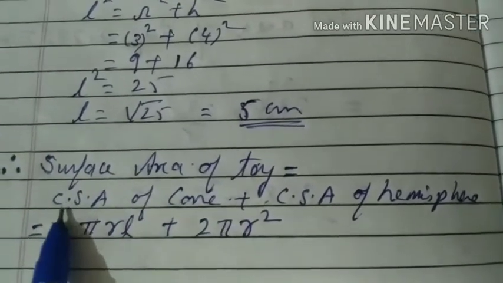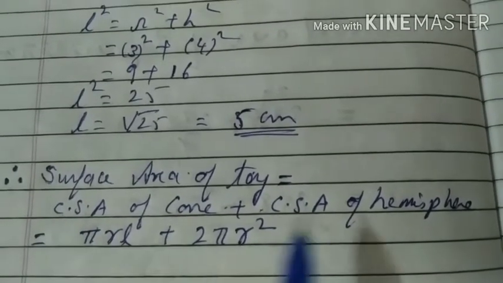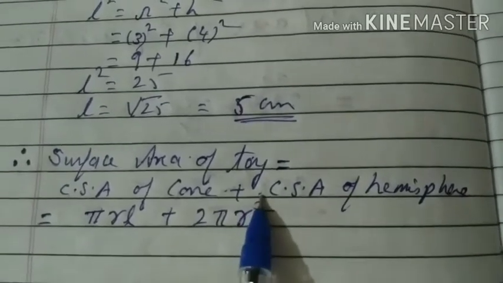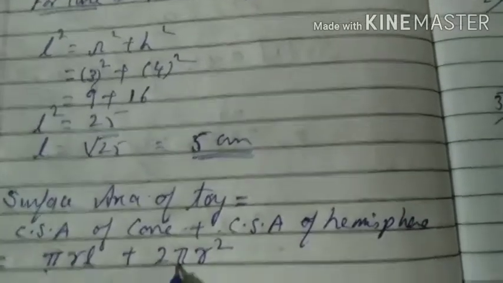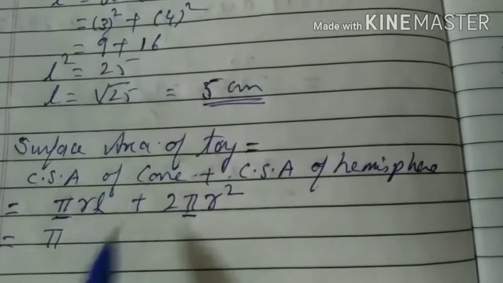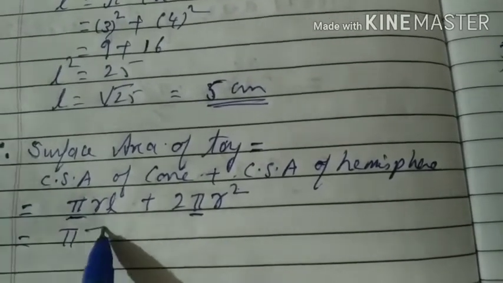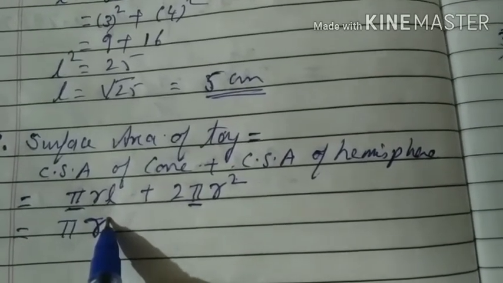So formula for curved surface area of cone is pi RL and for hemisphere is 2 pi R square. So you can see here again pi and pi is common. So first I will take pi common here. As well as you can see R, and here we have R square. So I will take R common here. Pi and R both are common.